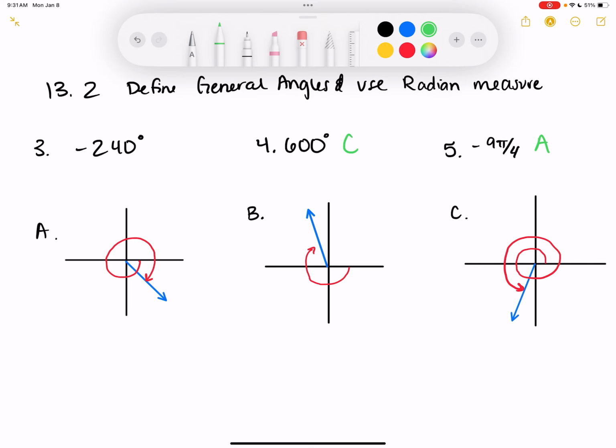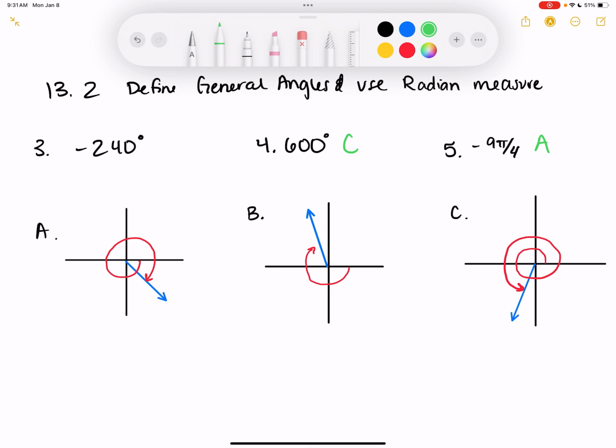Okay, so 8 pi over 4 would be equivalent to what? 2 pi. So I know that this has to be more than one full time around. So this one was the only graph that went more than one full time around. So I could have also figured it out that way.